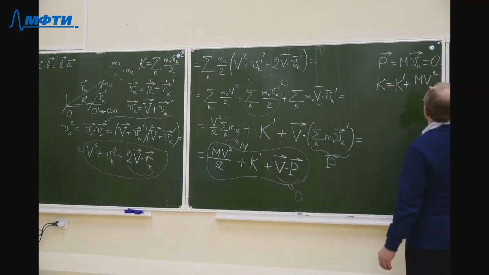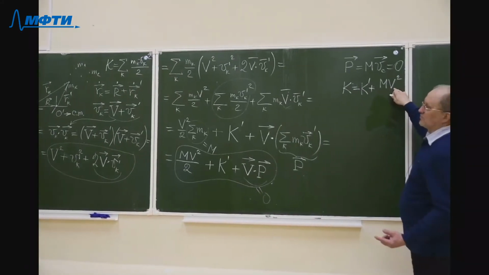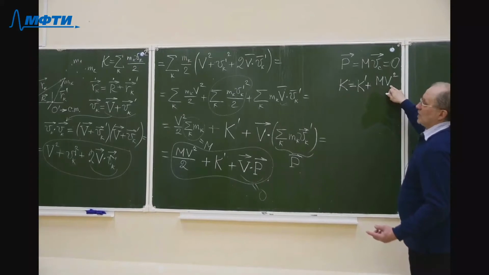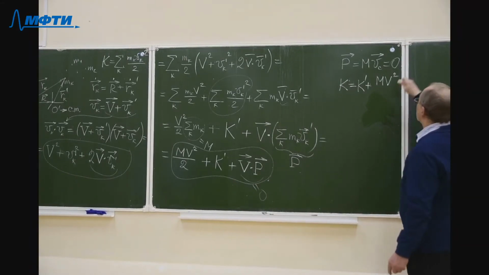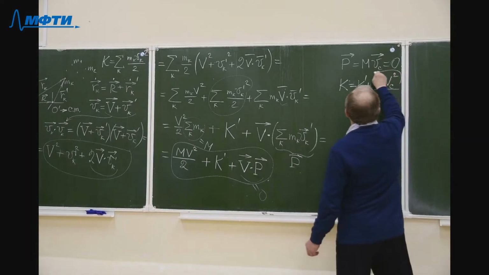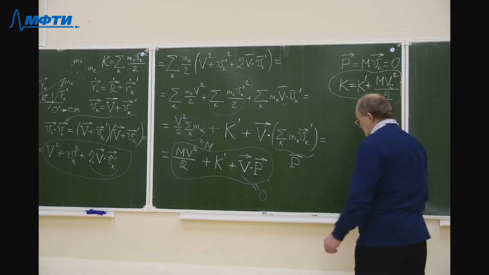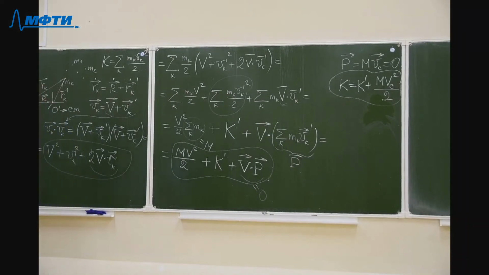And what is this velocity now? This is the velocity of the second reference frame with respect to the first reference frame. But we assumed that the second reference frame coincides with the center of mass. So now this is the velocity of the center of mass of the system of particles. That's Koenig's theorem, final result, final formulation of Koenig's theorem.